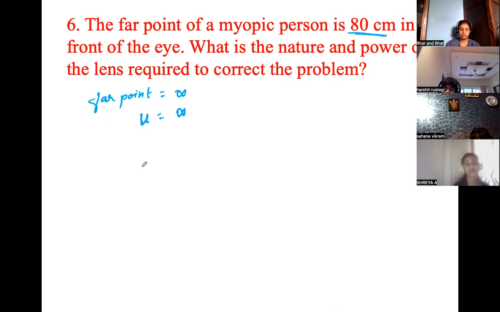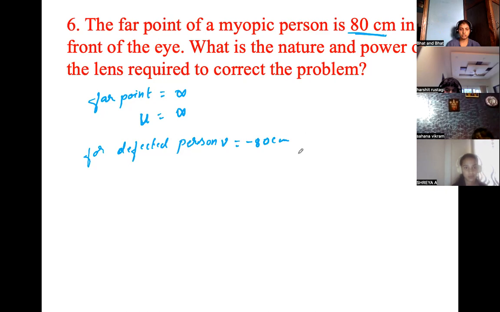But here for the defective person, v is equal to minus 80 centimeter because it is in front of the eye.